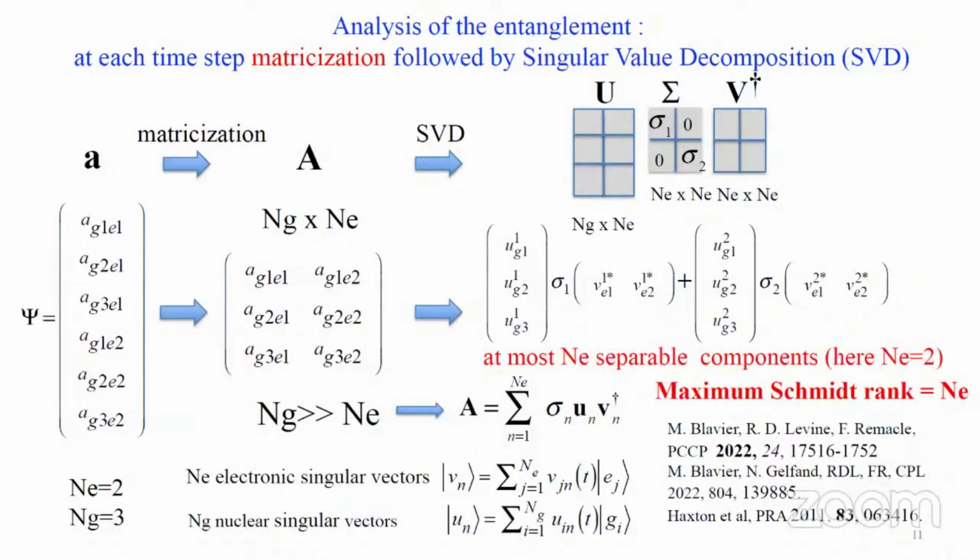And you do SVD on this, and then you know that the rank is at most equal to the number of electronic states, the smaller dimension of your matrix. And so we get an expansion with a maximum of Ne terms, the number of electronic states. And we have separated here each term into a nuclear singular vector, an electronic singular vector, and here you have the weight of this separable product.